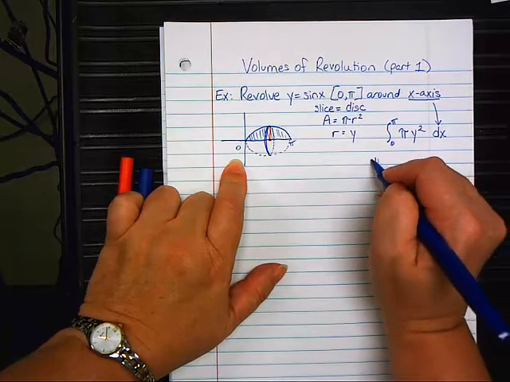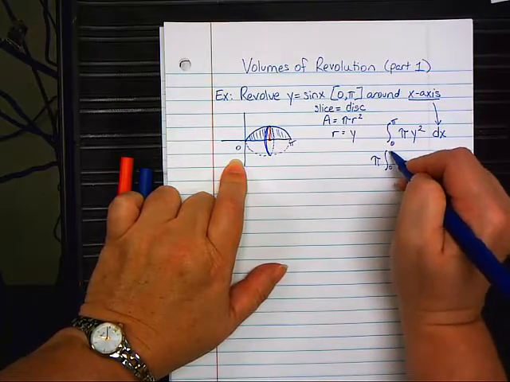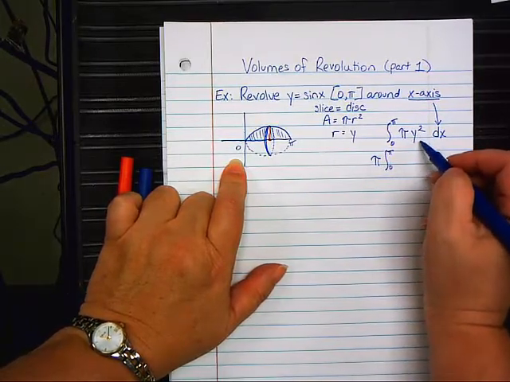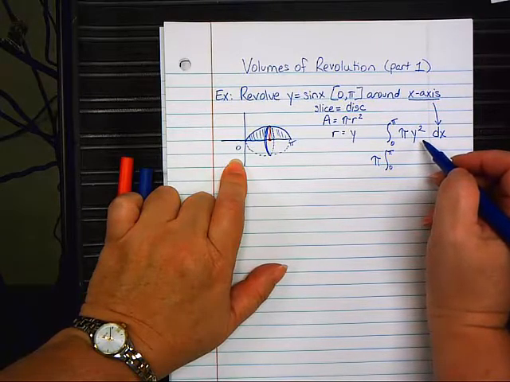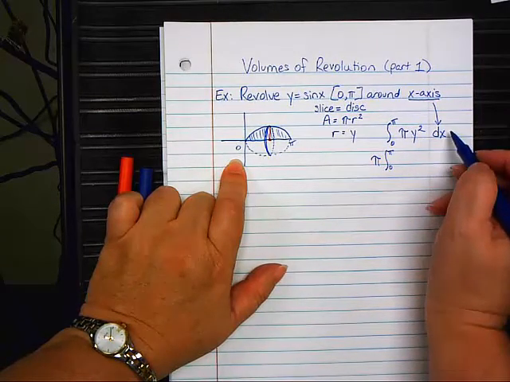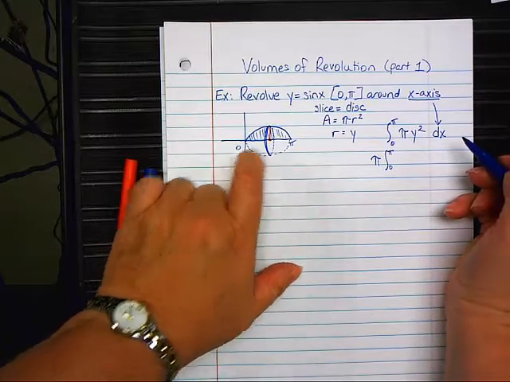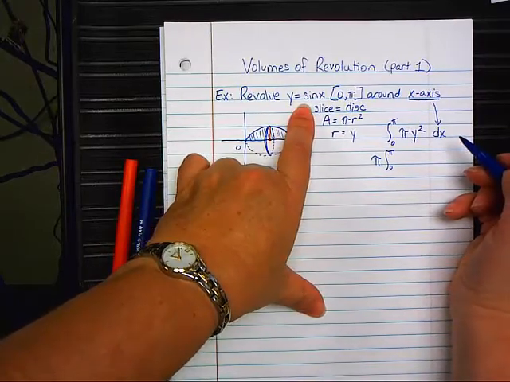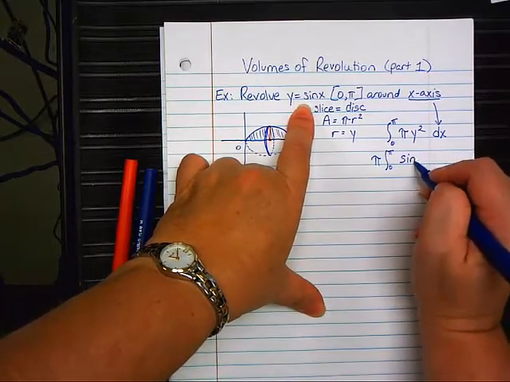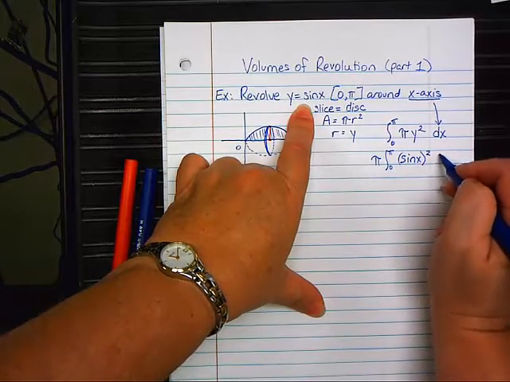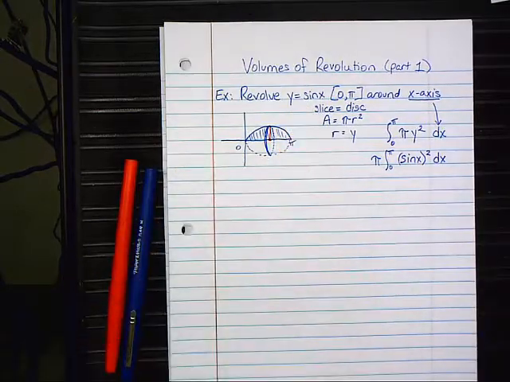So now we do it like last time. Pull the pi out. 0 to pi. I need to change the y to an x because it's a dx problem. What should I use? Y equals sine of x. It's right there. So this is sine of x, the quantity squared, dx. And that's what goes in the calculator.